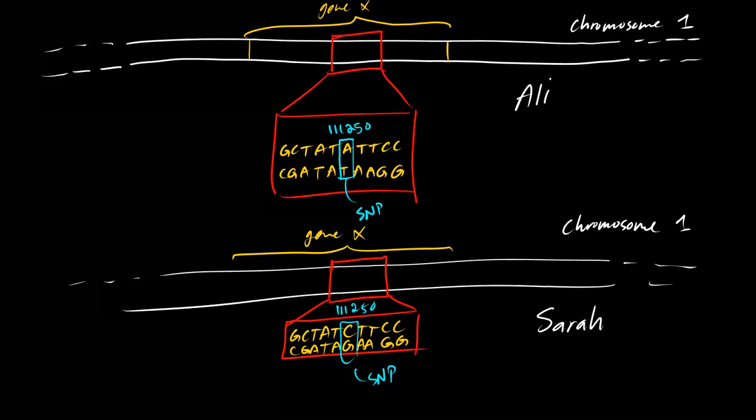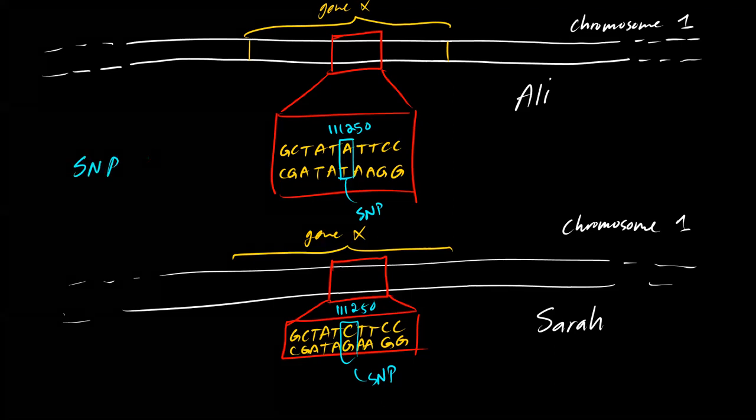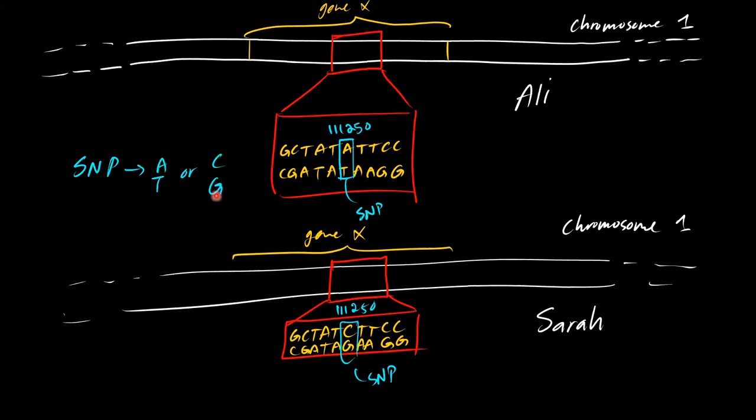At this location within the chromosome, we have a SNP, and this SNP is AT or CG. So some people will have AT or CG. This is not a mutation because Sarah is normal, Ali is normal. This is a single nucleotide polymorphism. This is not a mutation. It's not affecting the function of gene X.